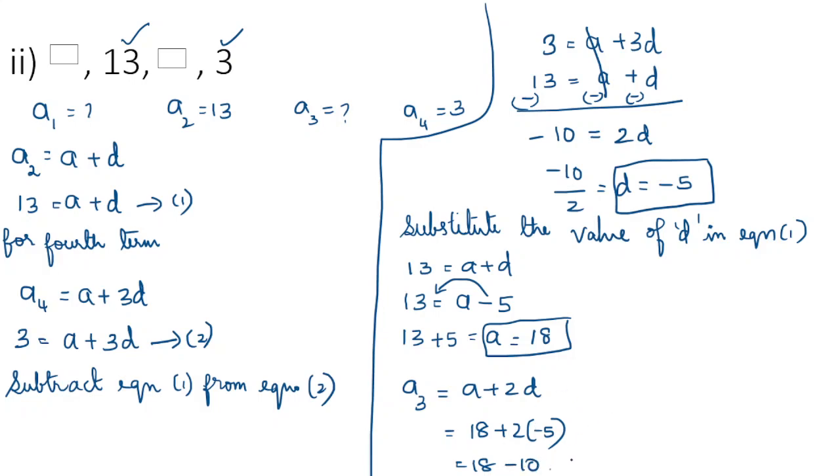So A3 is 8, not minus 8, 8. So A1 and A3 we got.